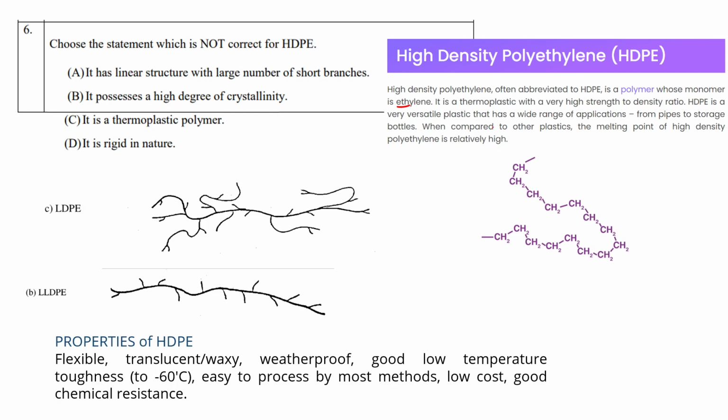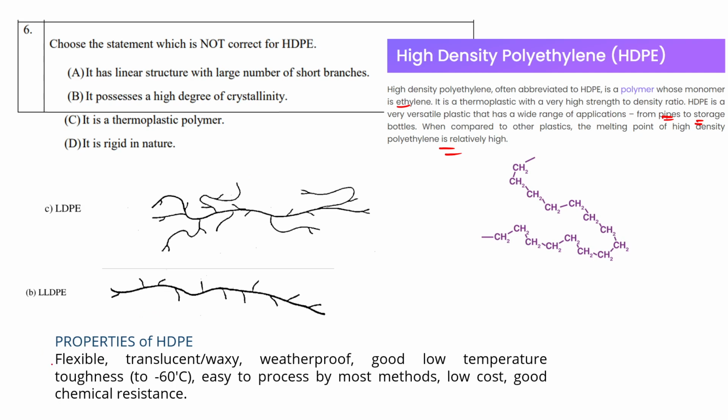They are very versatile plastics, used in many day-to-day applications like pipes, storage, bottles, and compared to other plastics, the melting point of this kind of polymer is relatively high. That's the basic property for high density polyethylene.